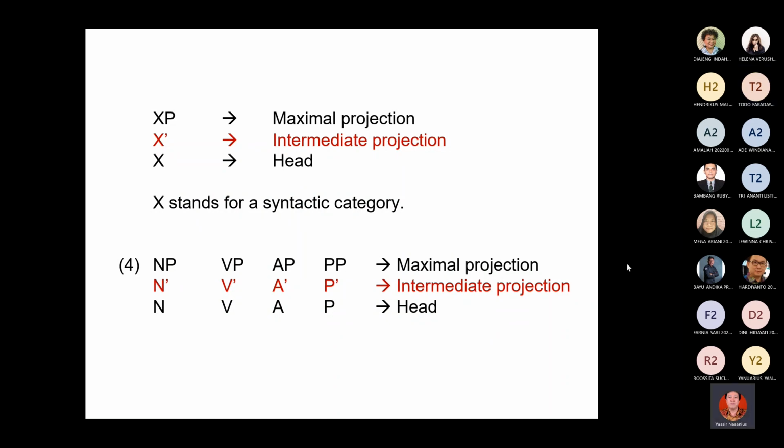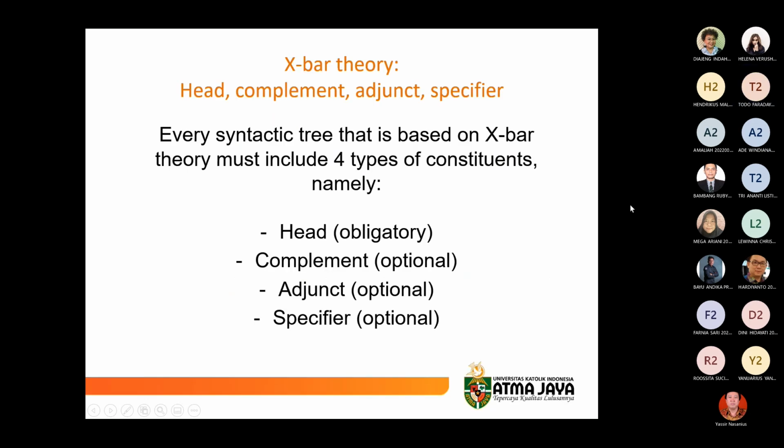Before I give you the examples, let me talk about the second elements first. If you draw the X bar theory 3, remember, every syntactic tree that is based on X bar theory must include 4 types of constituents, namely head.